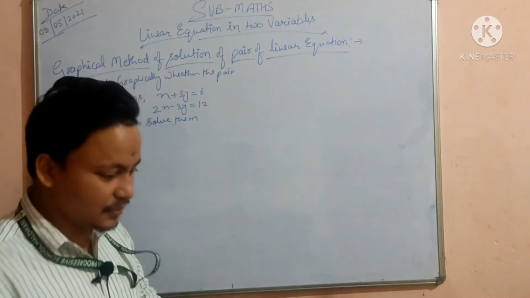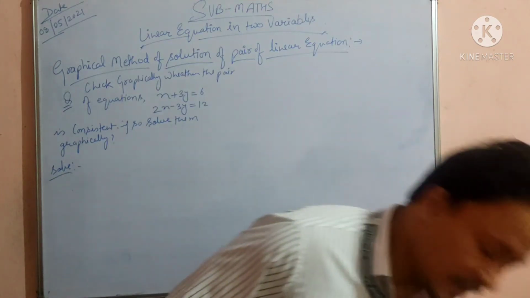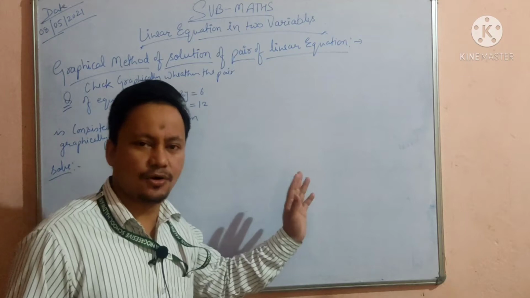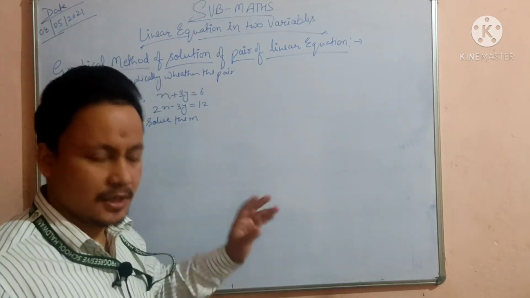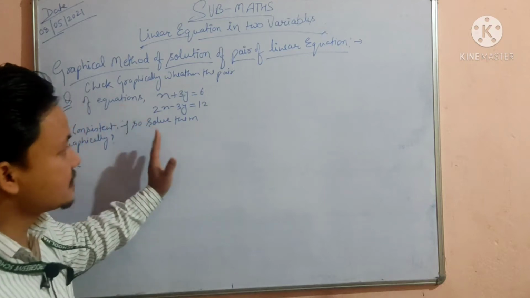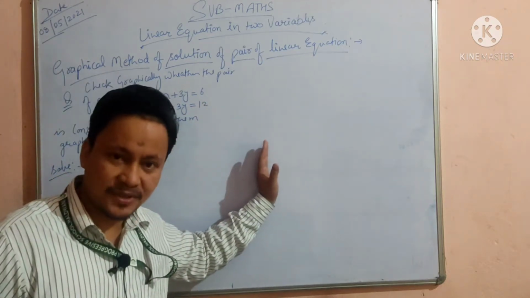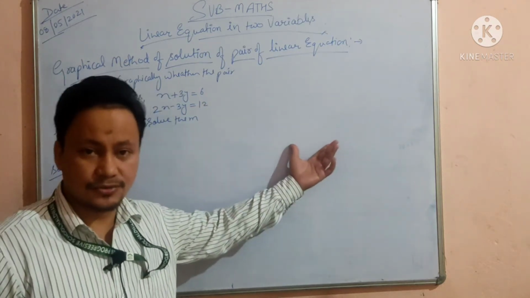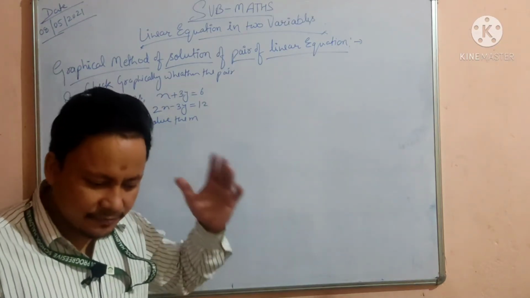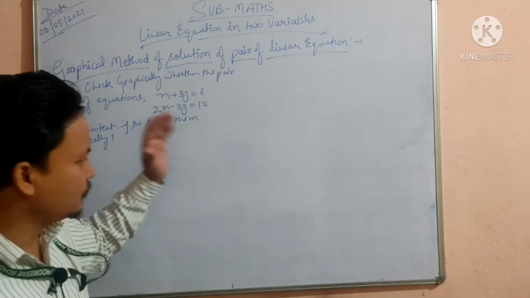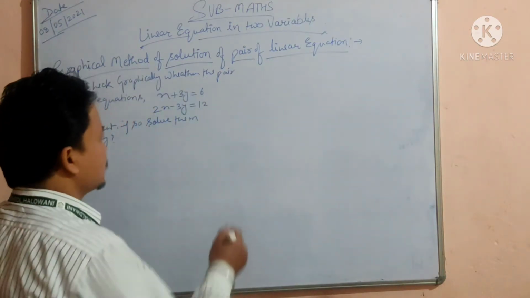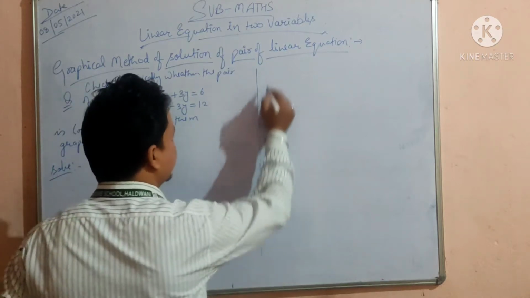Dear student, before I start to solve this question, let me introduce you to what is consistency and inconsistency of a pair of linear equations. If a pair of linear equations has a unique solution or infinitely many solutions, then they are said to be consistent. And if a pair of linear equations has no solution, then they are said to be inconsistent. So, what is consistency?